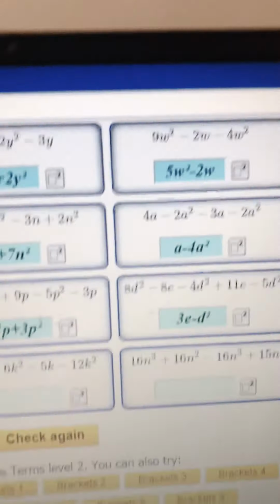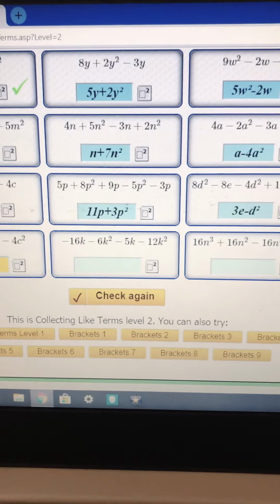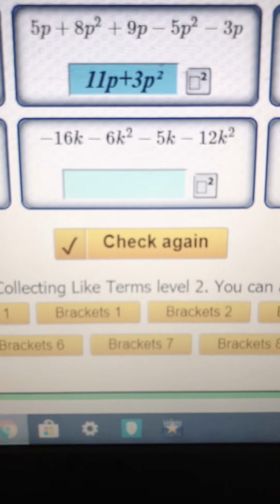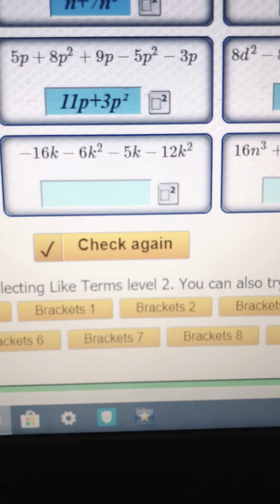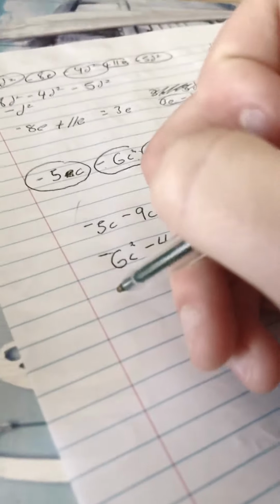Right, let's move on to another completely negative equation. Oh god, why am I doing this? So, negative 16k, my bank balance, minus 6k squared, minus 5k, minus 12k squared. Again, we do the exact same thing.